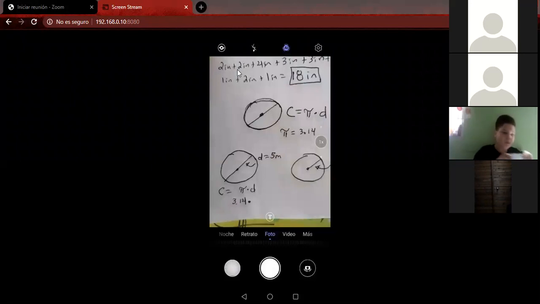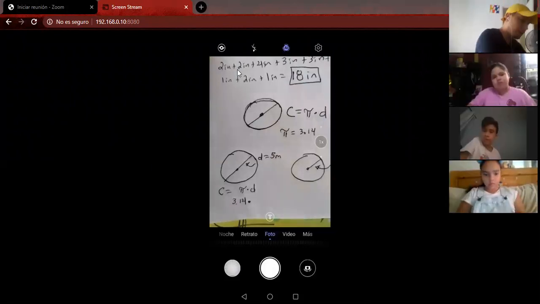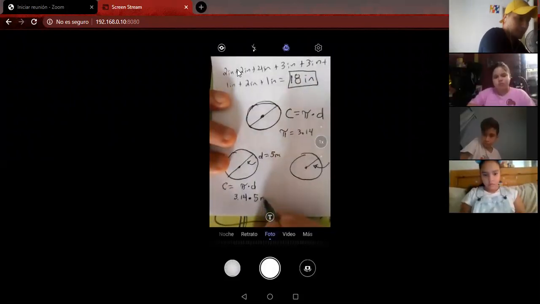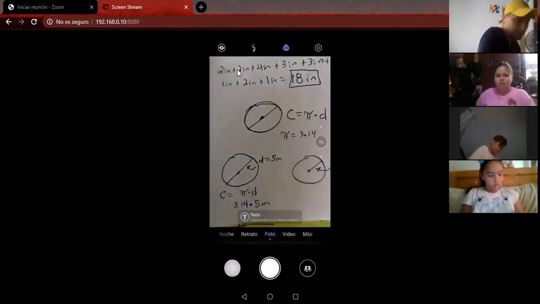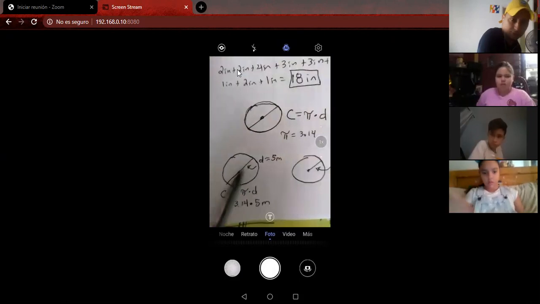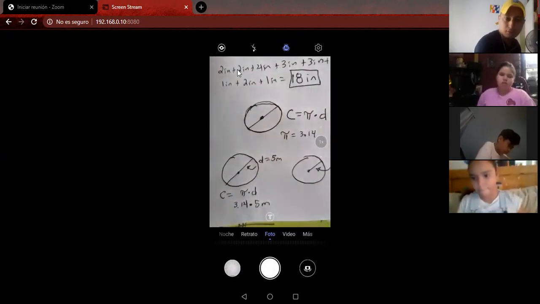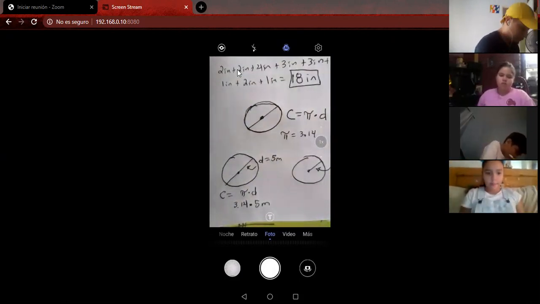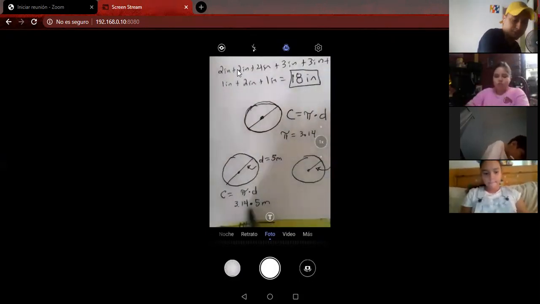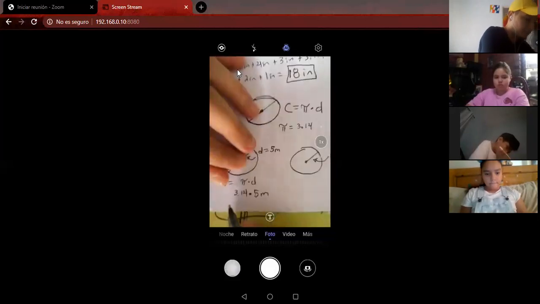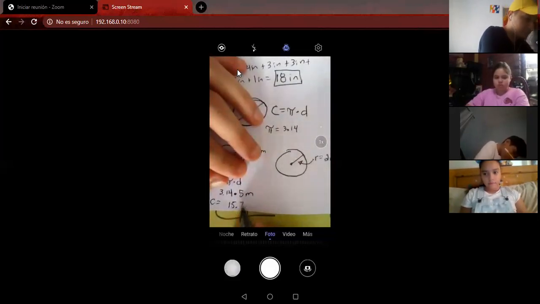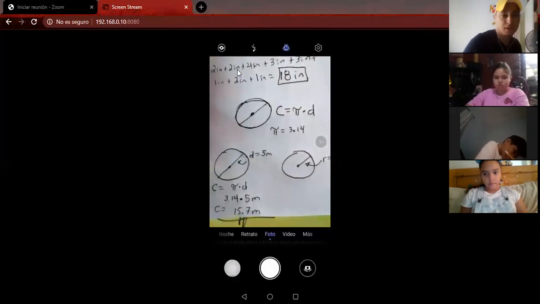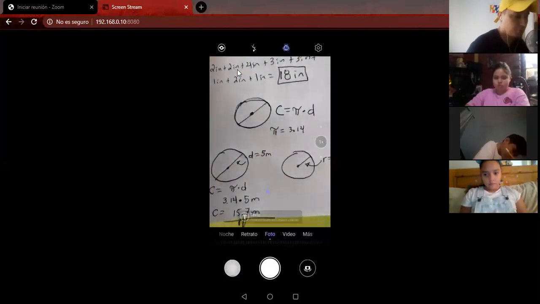How much is my diameter? 5 meters, okay? The line is 5. So the only thing I have to do is to multiply this. This gives me 15.7 meters. Don't forget to put the metric unit.